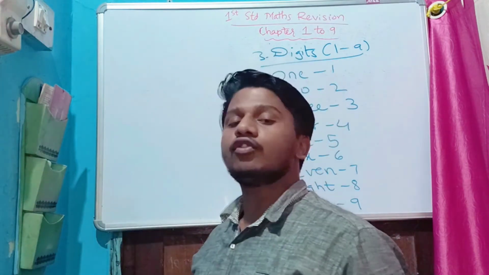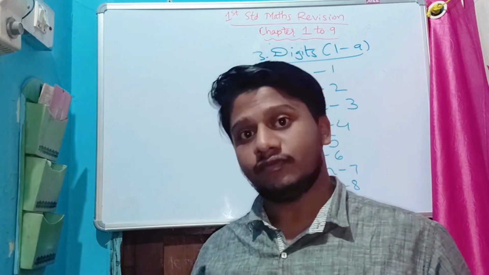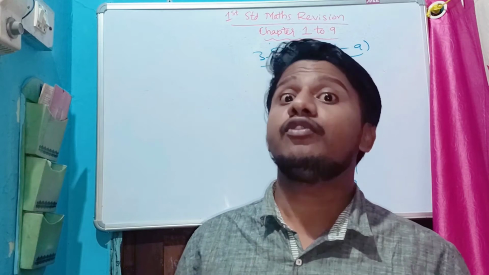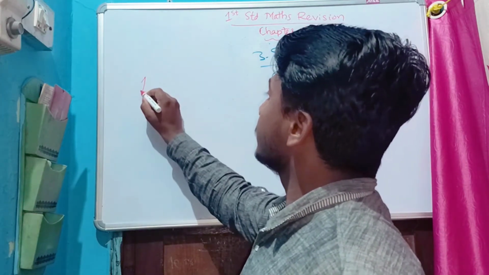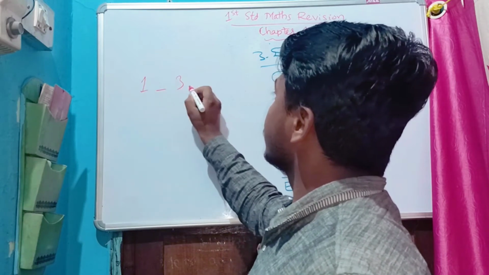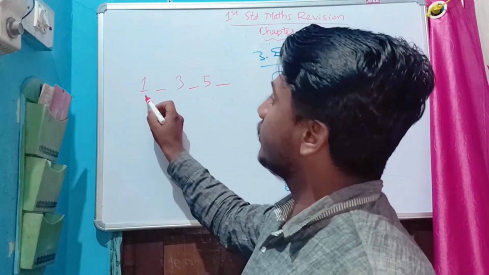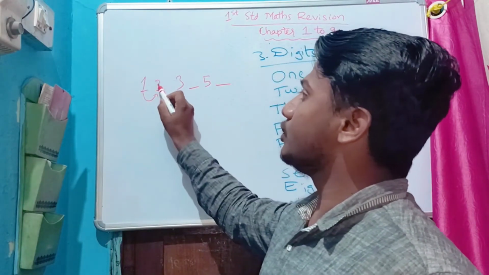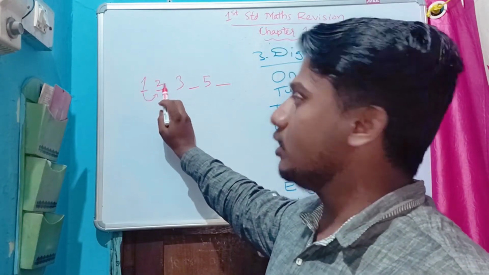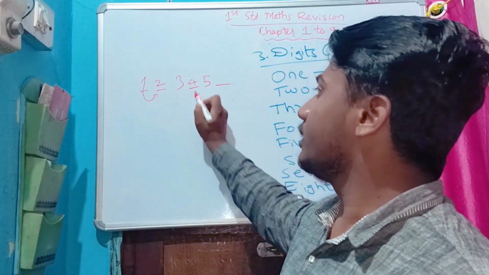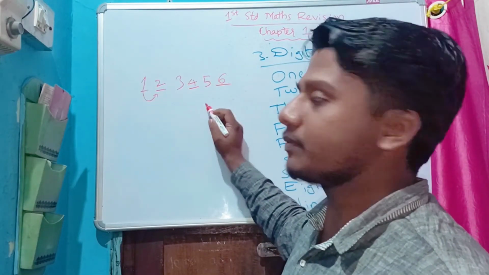With this, you should also be able to tell which number comes after which number and which number comes before which number. For example, after 1 which number will come? 2. After 1 we have 2, after 3 comes 4, after 5 comes 6.